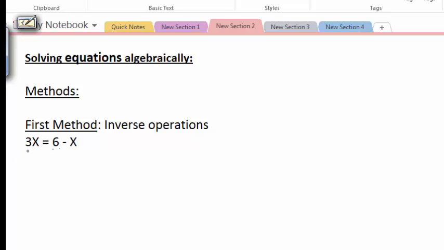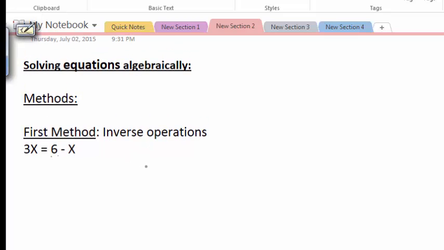So as you can see here, 3x is the left side, and 6 minus x is the right side. So the first thing we can try to do is to add or transfer this x to the left side and keep all variables on the left side and the numbers on the right side. So let me try to do it.